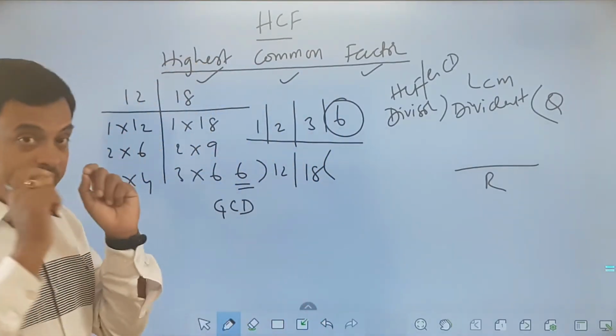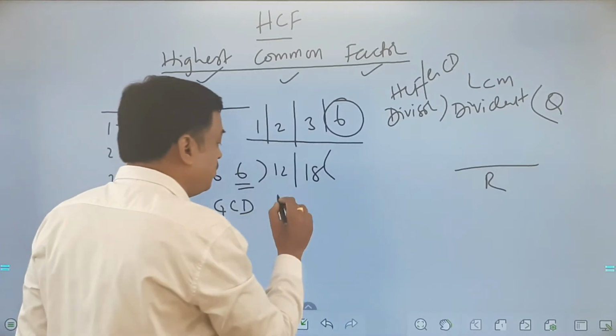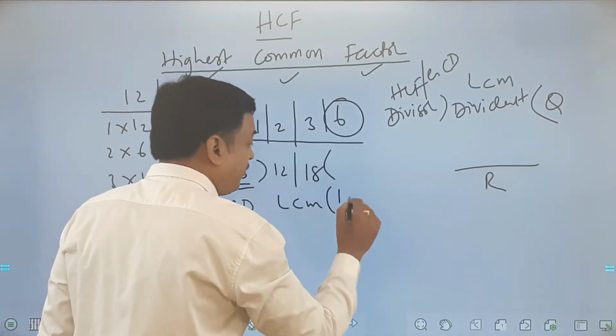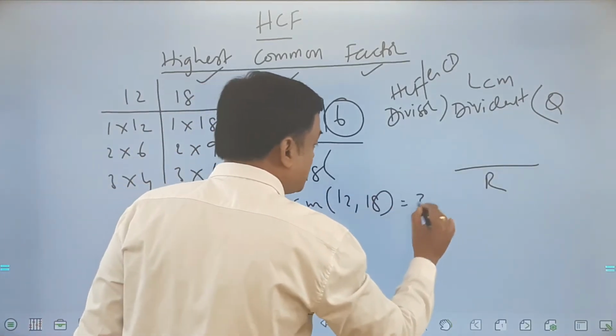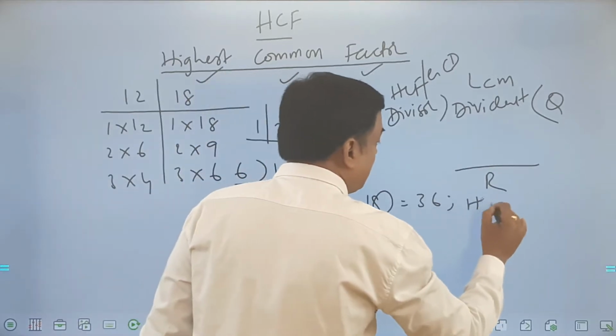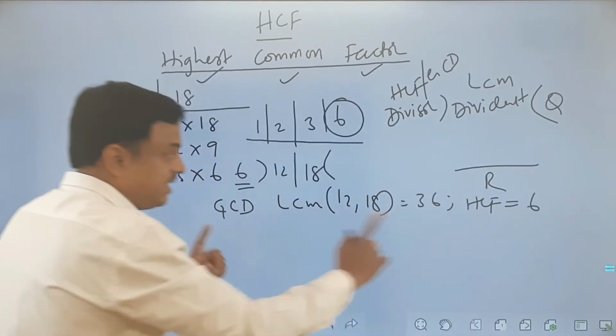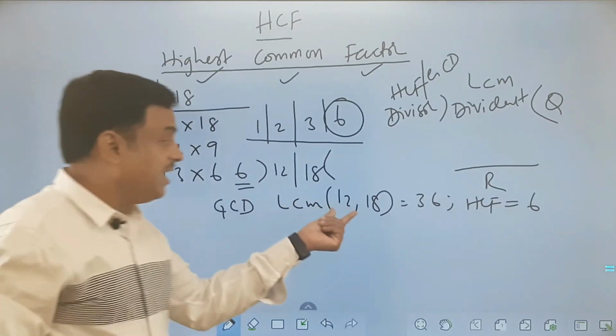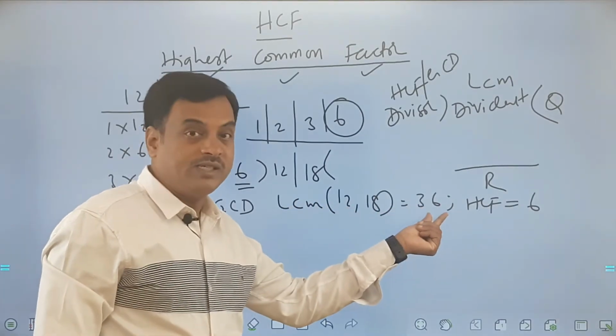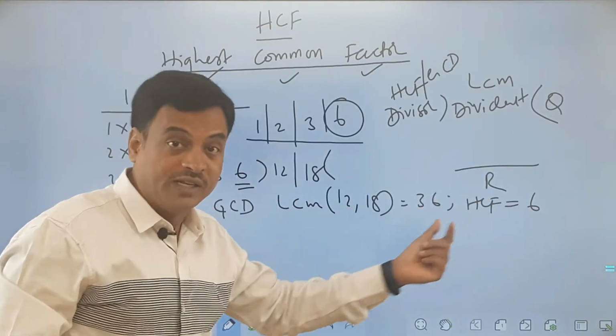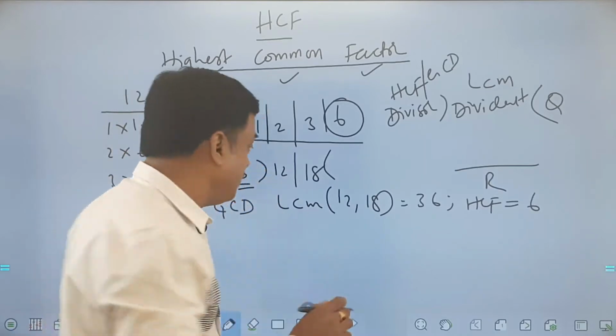Now for an idea, I'm just sharing with you, the LCM of 12 and 18 was 36, and for the same numbers I got HCF as 6. See the difference between them. For the same numbers 12 and 18, LCM is 36, HCF is 6. Try to do the comparison between the two.